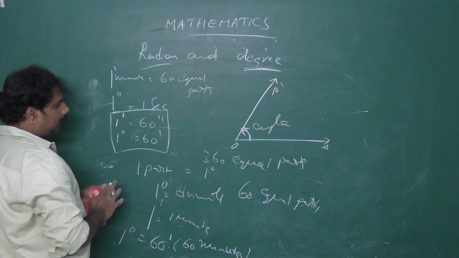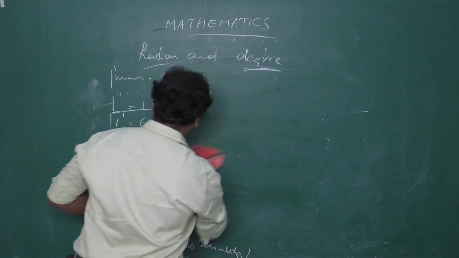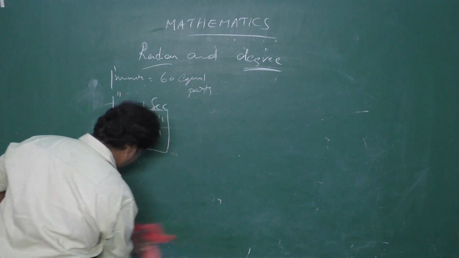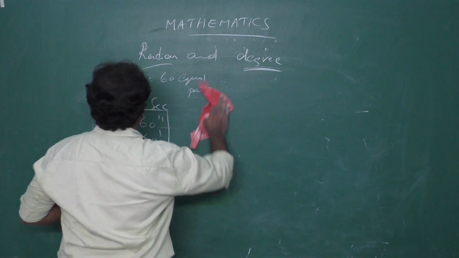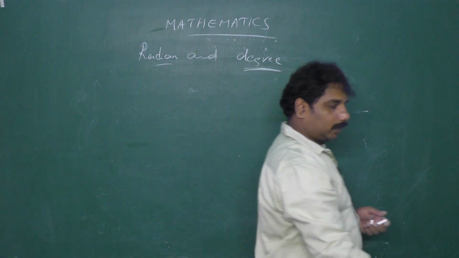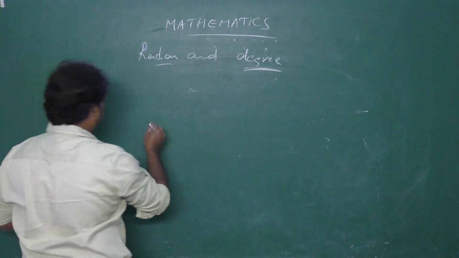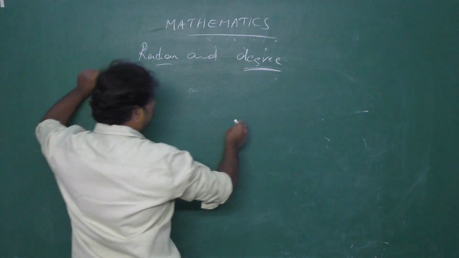Now I will tell you about the radian, because if you want to see the relation between them, how can we convert radians into degrees and degrees into radians, we have to know about the radian. See how they define the radian. I will give you the definition by figure.